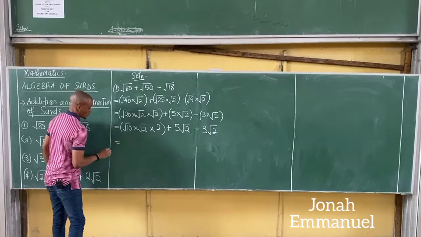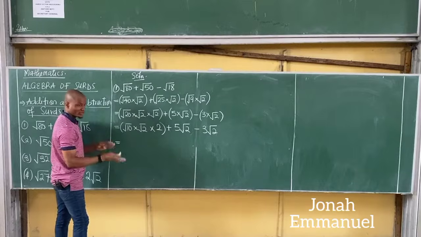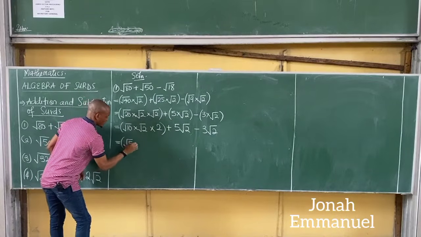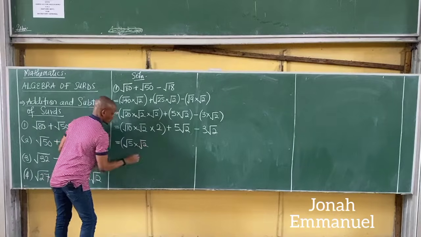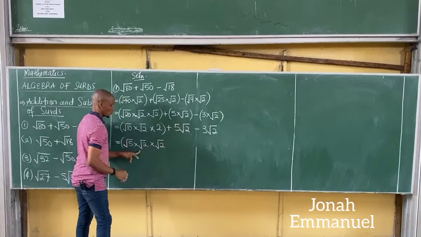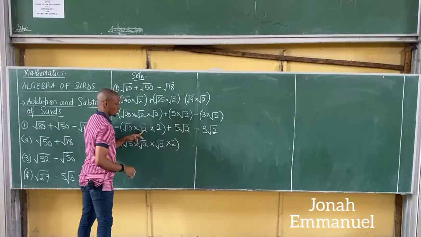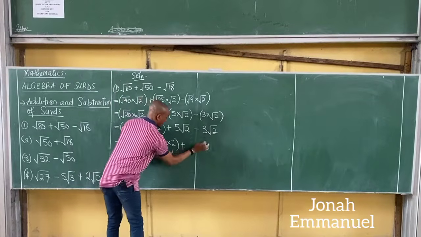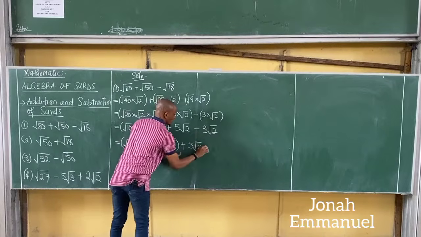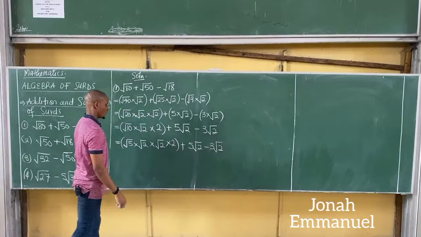This is now equal to, I can still break down 10. It will become 5 and 2. This now becomes root 5 times root 2. That gives you root 10. Times again, root 2. Plus, next up, I have 5 root 2 minus 3 root 2.